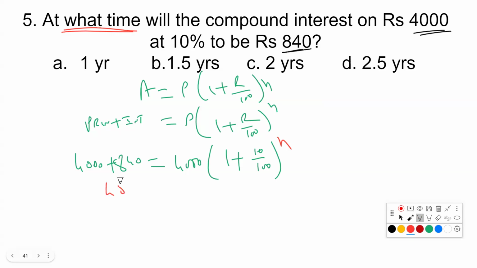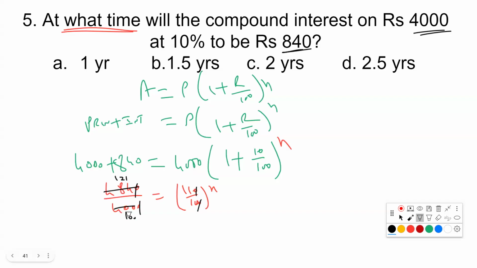So this is 4840 divided by 4,000. So 4,000 I'm getting it here. So this is 110 by 100 power n. Now try to cancel it out. 0, 0 gone, 0, 0 gone. 4 will go 121 times, 4 will go 100 times. 11 by 10.